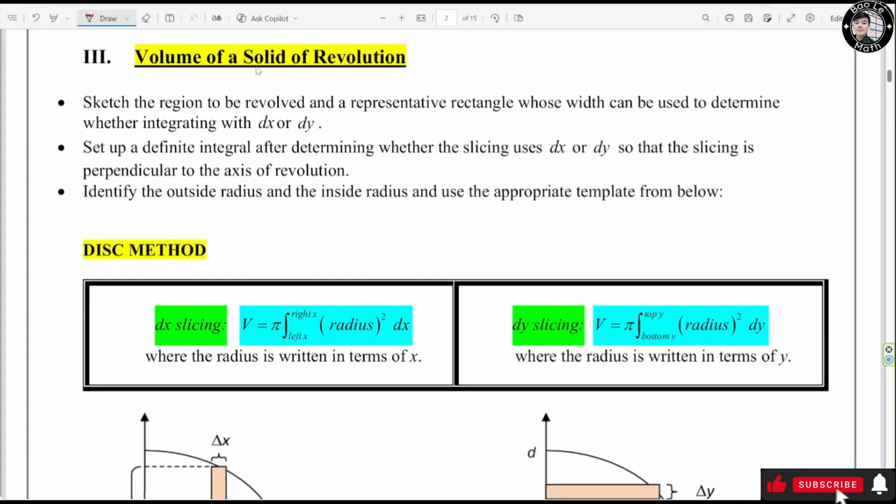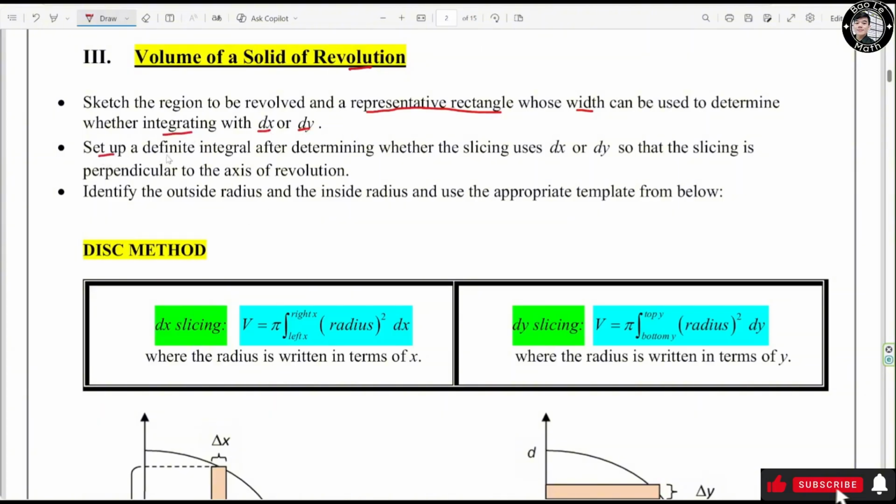Now, the volume of a solid of revolution. First, you need to sketch the region to be revolved and a representative rectangle, whose width can be used to determine whether integrating with dx or dy.